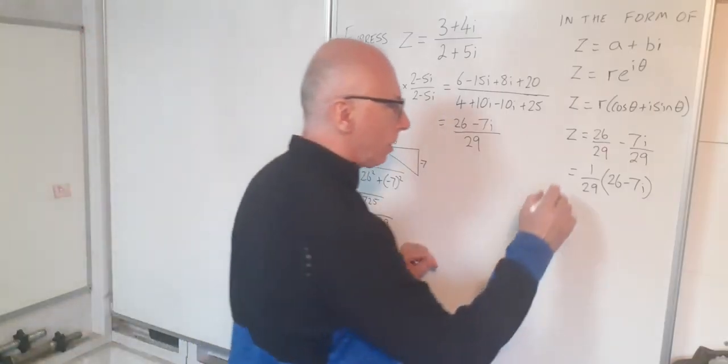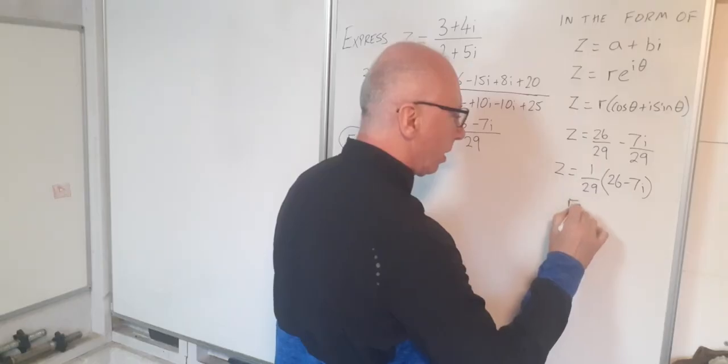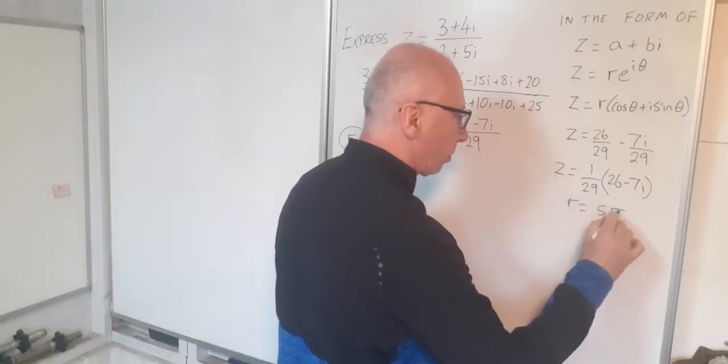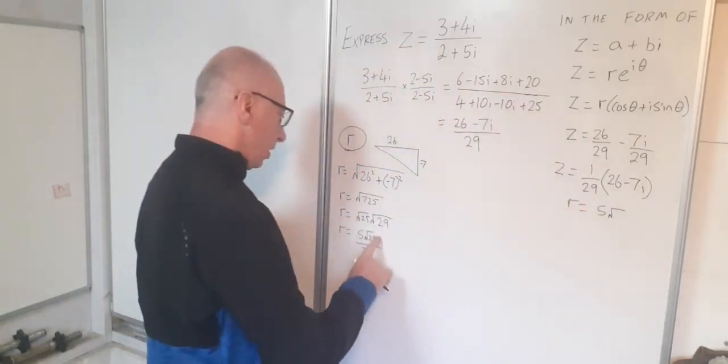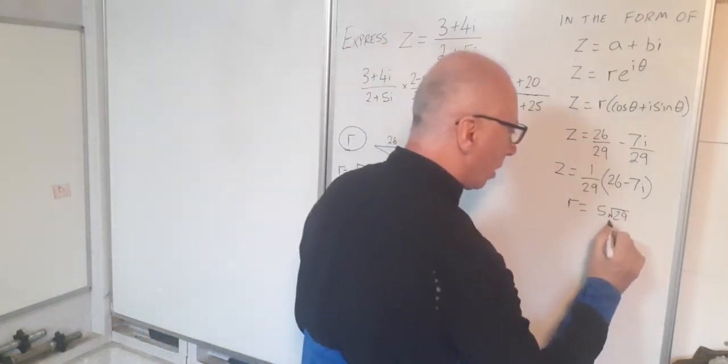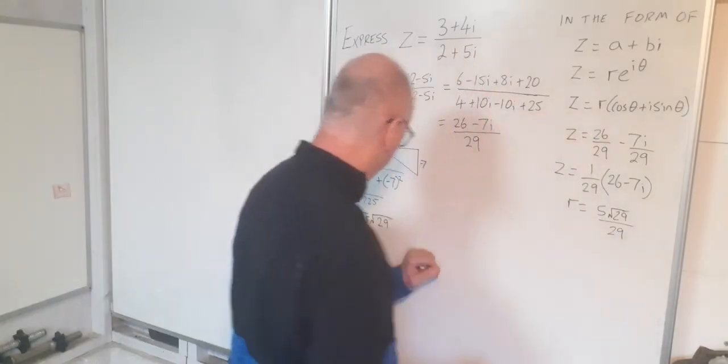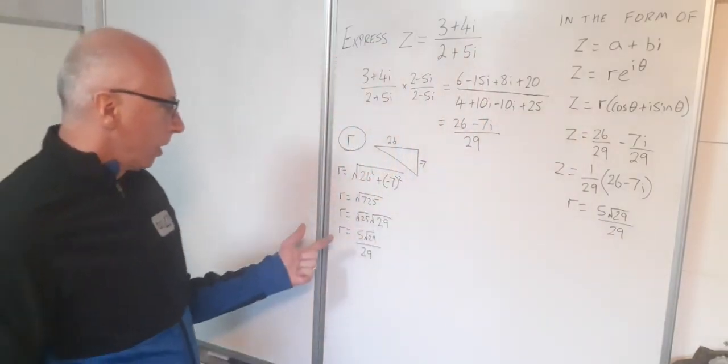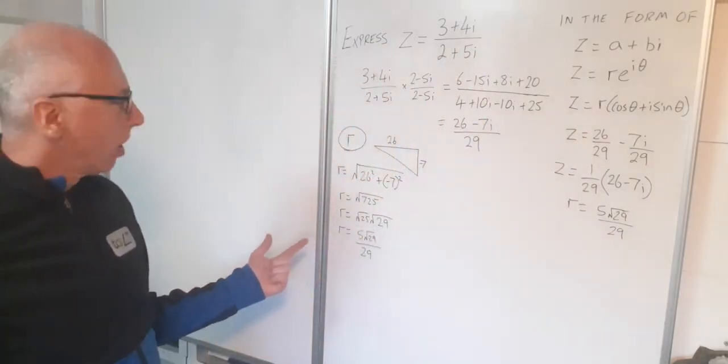So now we've got the radius, leave that as our z. So r equals 5 root 29 over 29. Okay. Now what we got? So we now need to find the argument.